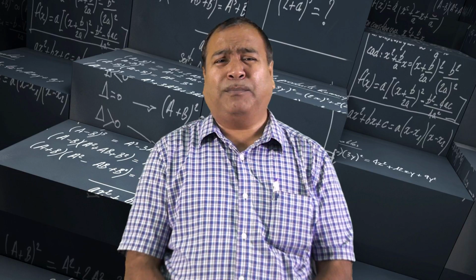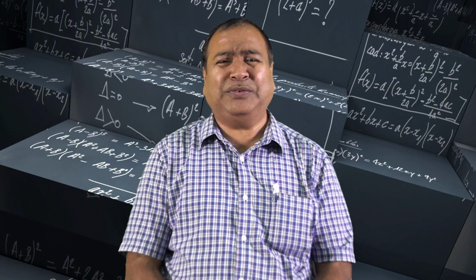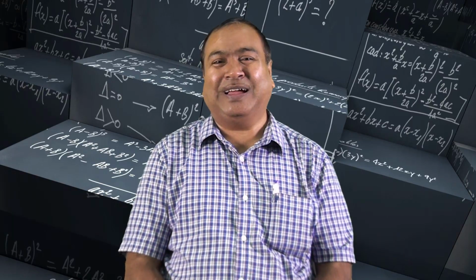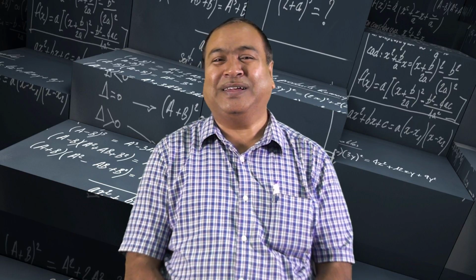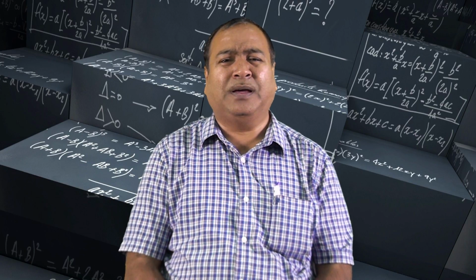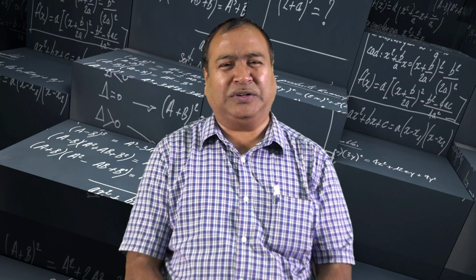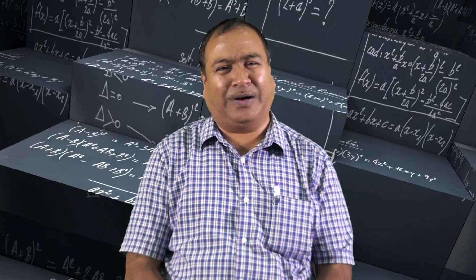In fact, by a slight modification of the division method and using a little guesswork and common sense, we can find the square root of higher digit numbers very easily. For this, we need to know the squares of 1 to 10, which you know already.